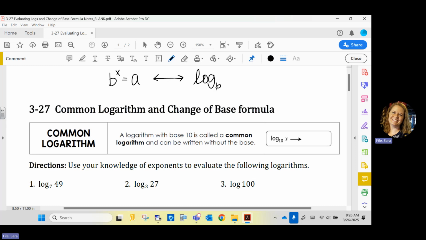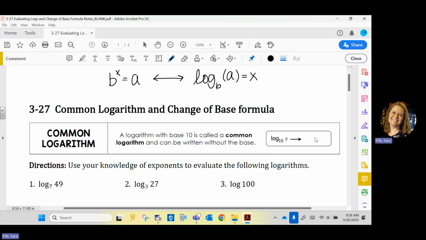The base of the exponential is the base of the log. What the exponential equals is what you're taking the log of. And the exponent in the exponential is what the log is set equal to. So this is the rearranging of those three parts that we learned about and practiced yesterday.